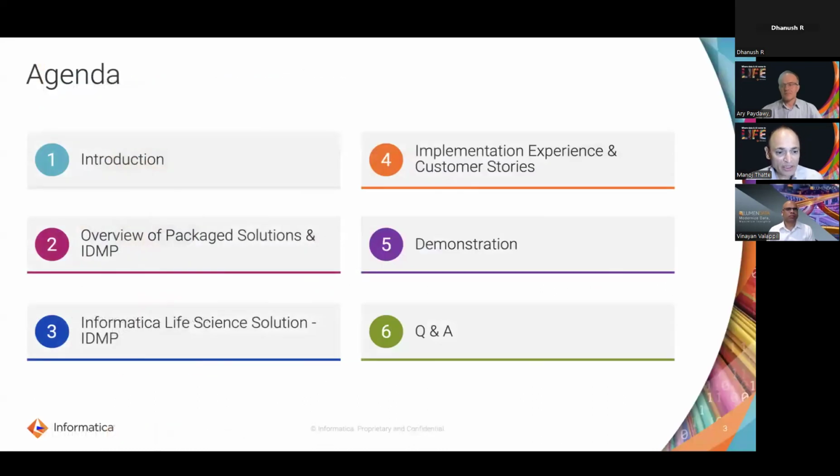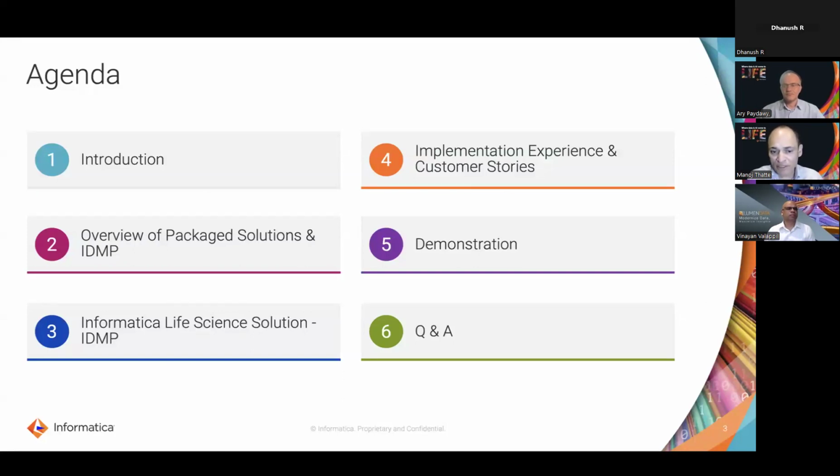As far as the agenda is concerned, I think we have split it into three parts. In the first part, Ari is going to establish the need for why Product 360 to meet the compliance for IDMP, which is identification of medicinal products. So he'll walk you through what IDMP is, how the product domain fits into it, and what the benefits are. The second part of the presentation would be Vinayan talking about a specific customer implementation.